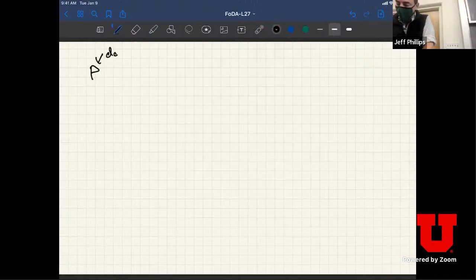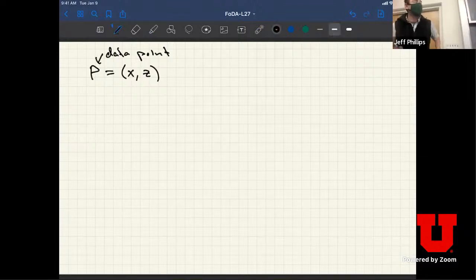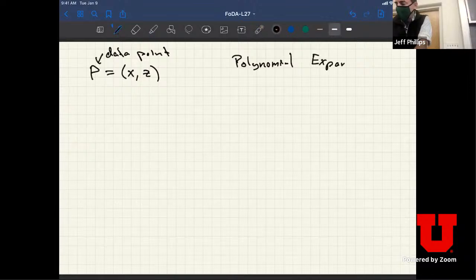I can think of it as two coordinates, x and let's say z, just to distinguish it from y. If I want to, I can also do a polynomial expansion. And so what this will do is it'll give me another data point.